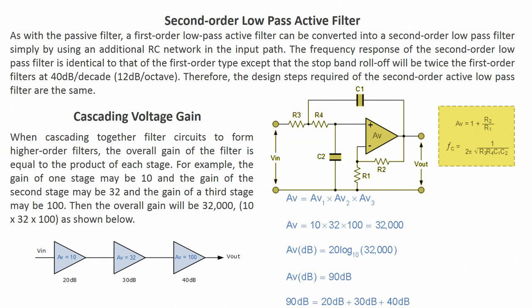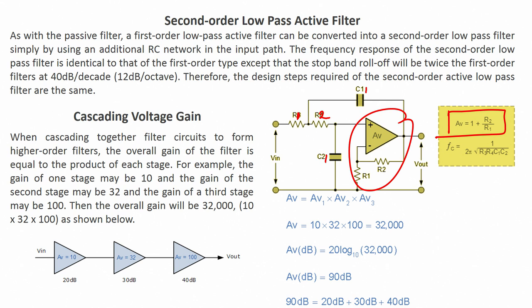It does not matter whether I say R3 R4 or R1 R2, or C1 C2, that does not matter. The point is there are 2 resistors, 2 capacitors, and then there is a non-inverting amplifier. The gain of the non-inverting amplifier is AV equals 1 plus R2 by R1, and the frequency formula is 1 upon 2 pi under root of these 2 resistors and C1 and C2.